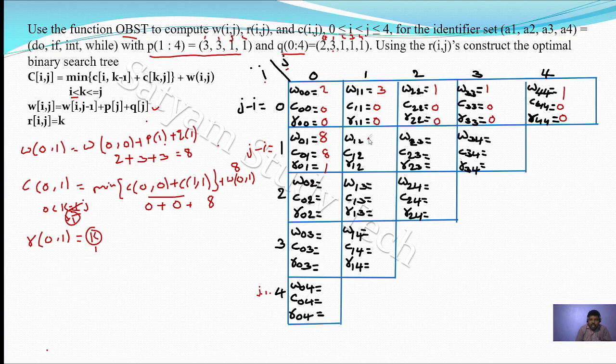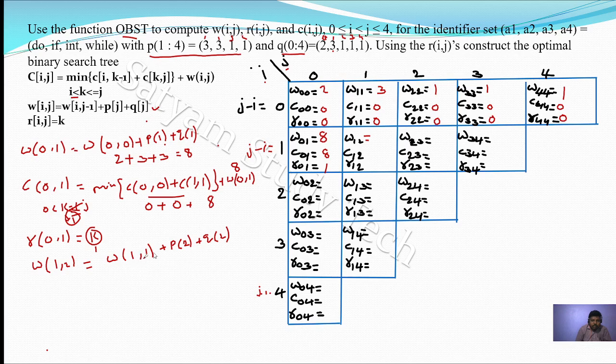Like that, here you can calculate w of 1 comma 2. That is equal to w of i, which is 1, comma j minus 1, that is 2 minus 1, also 1, plus p of j, that is p of 2, plus q of 2.